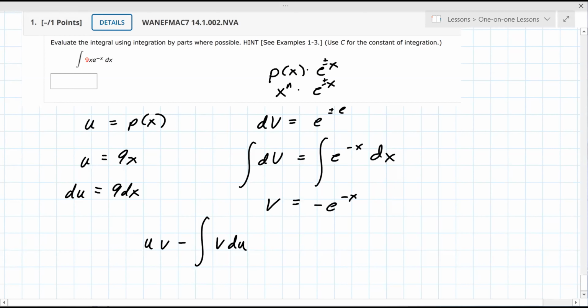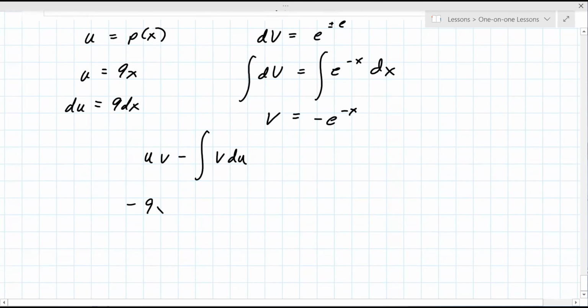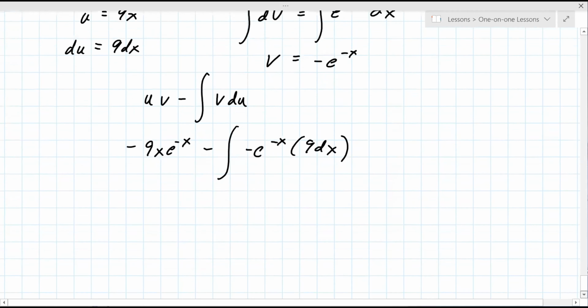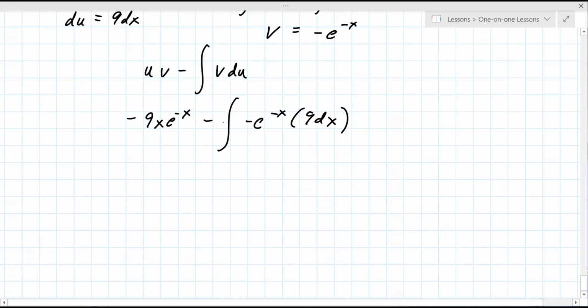So u times v is minus 9x e to the minus x, minus the integral of v du, so minus e to the minus x times 9 dx. With a little bit of handling of the negatives, these go together. Let's put that 9 in front. This becomes minus 9x e to the minus x plus the integral of 9e to the minus x dx.